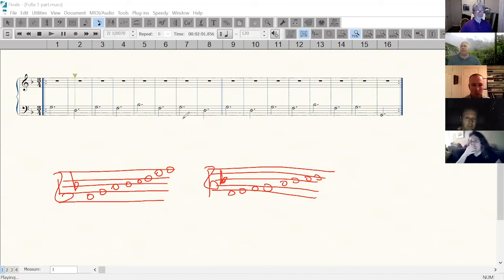So as you're listening to this, we have two possibilities that I've written down here. Mind you, I'm changing clefs here, but do you feel that this piece's home bass is actually, I did this wrong.